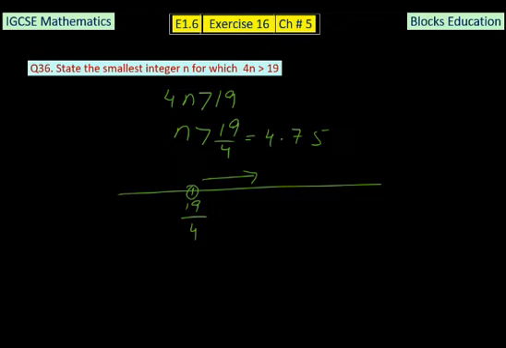Of course, 4.75 or 19 over 4 is not an integer and it's not included even, and you have to move towards the right. So the smallest integer will be 5 here, because after 4.75 the next whole number is 5, so n is equal to 5. This is the smallest integer for which n is greater than 19 over 4.